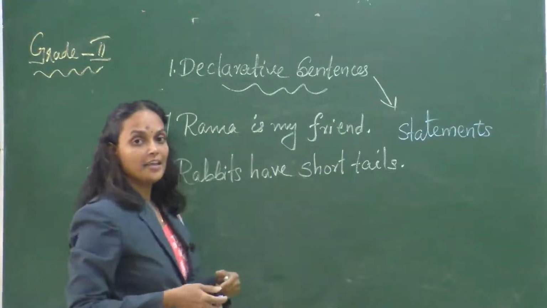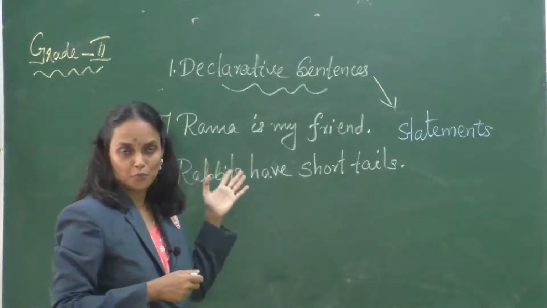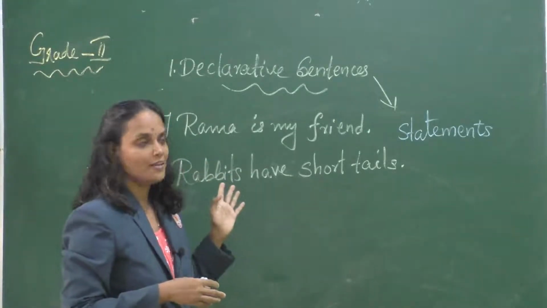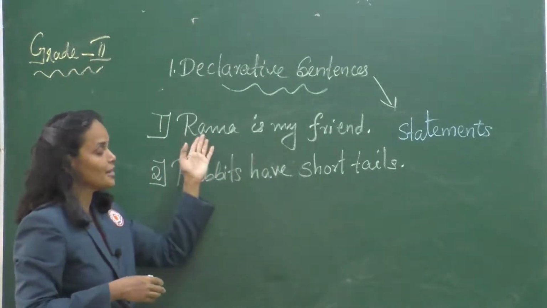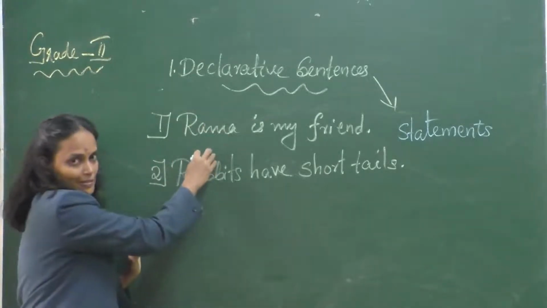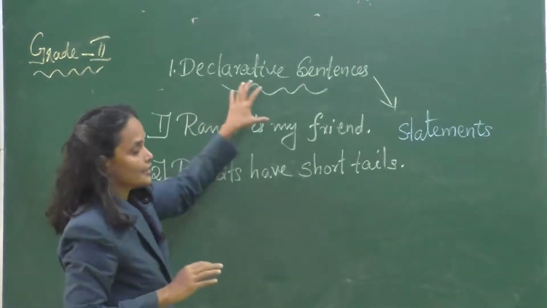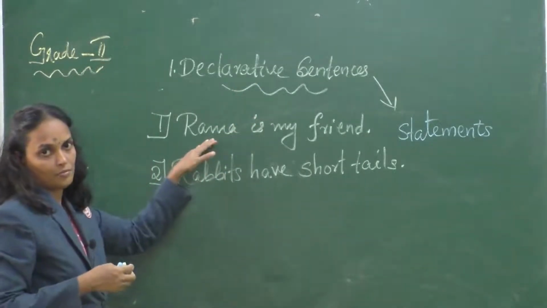They give some information about the noun or about the subject. Here we are talking about Rama in this sentence, right? Rama is the more important person in this sentence. So declarative sentences give some information about the noun of the sentence.